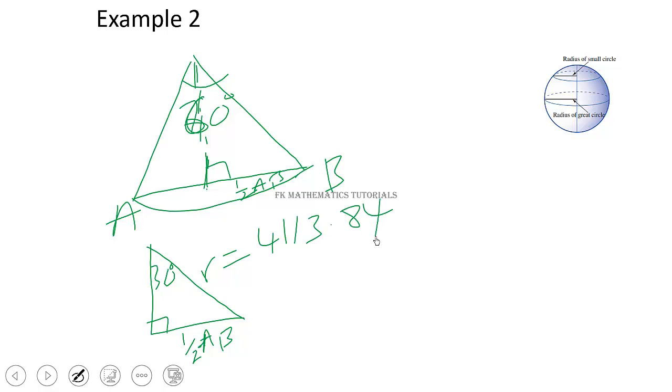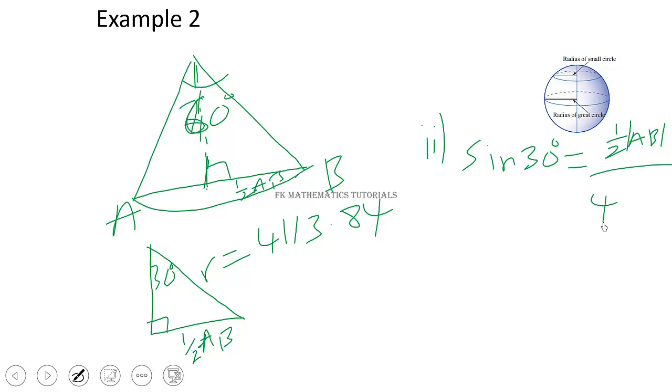So the shortest distance will be given by sine 30 degrees equal to opposite, which is half AB, over hypotenuse, which is 4113.84.